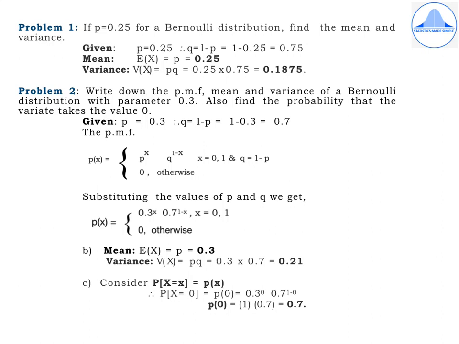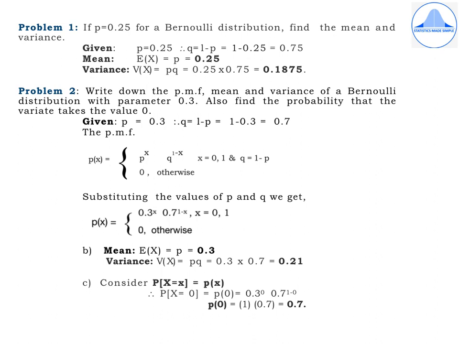Now here you note that there is no need to write the value of Q, which is there in the original formula, because we already know what is the value of Q, which is 0.7. Now the next part of the question is to find out the mean and variance. So subdivision B, write the mean formula, E of x is equal to P, which is 0.3. Variance is V of x equal to PQ, which is 0.3 into 0.7, which is 0.21.